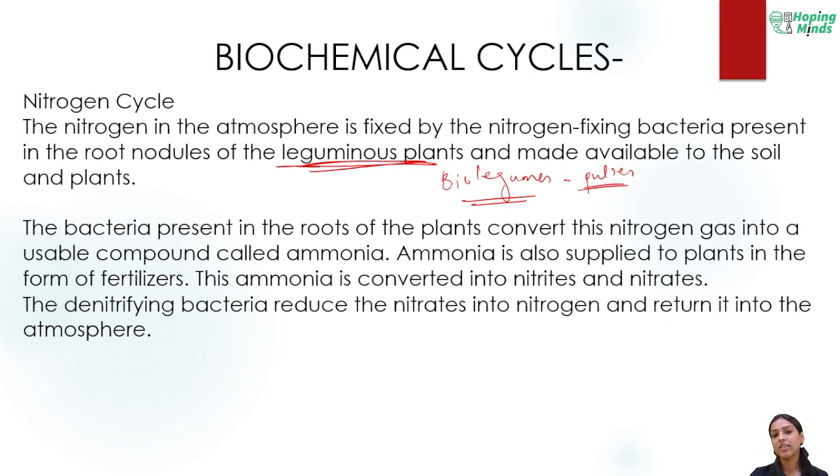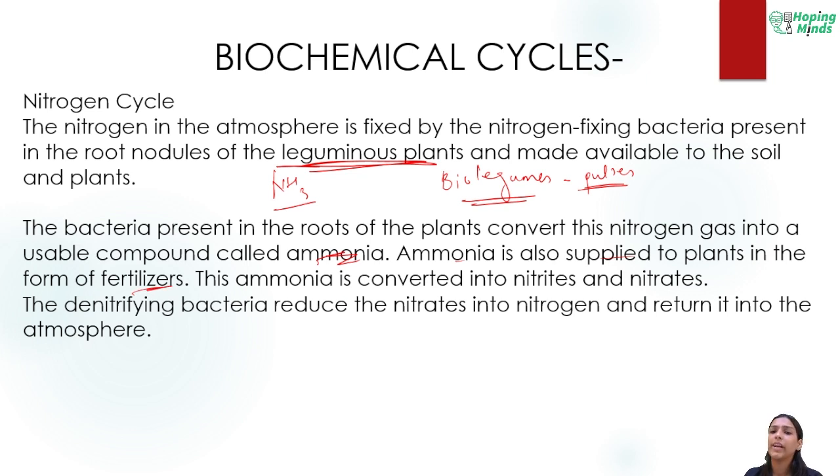The bacteria present in the roots of these plants convert the nitrogen gas into a usable compound called ammonia. Now this ammonia, NH3, is also supplied to the plants in the form of fertilizers. So this ammonia is very essential for the plants. We also use it in fertilizers.